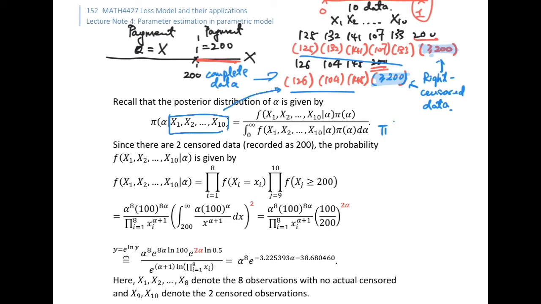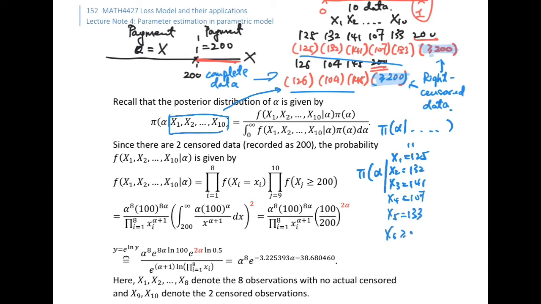So your posterior distribution should be something like this: given that S1 equal to 125, S2 equal to 132, S3 equal to 141, S4 equal to 107, S5 equal to 133, S6 greater than 200, S7 equal to 126, S8 equal to 104, S9 equal to 149, and S10 greater or equal to 200.